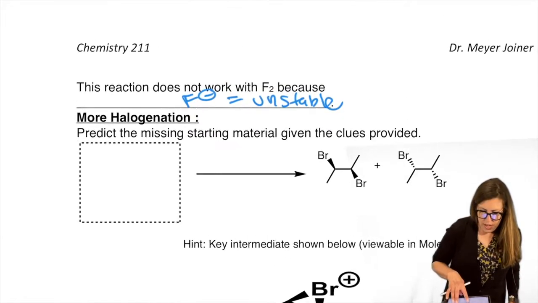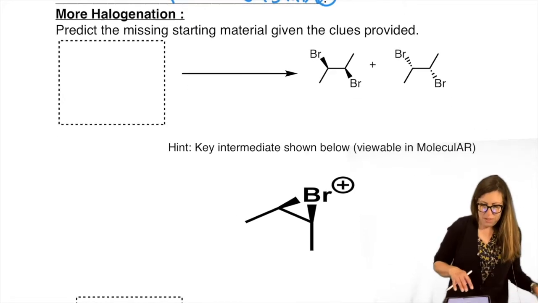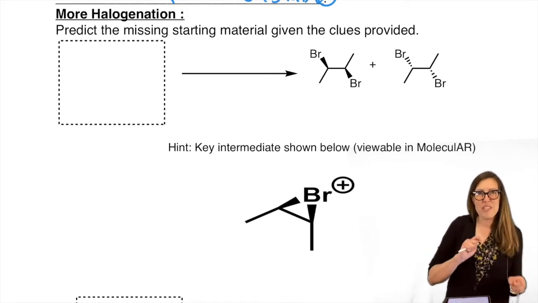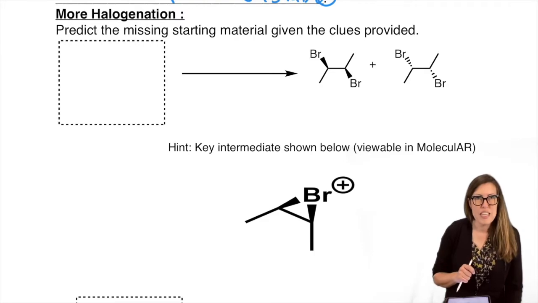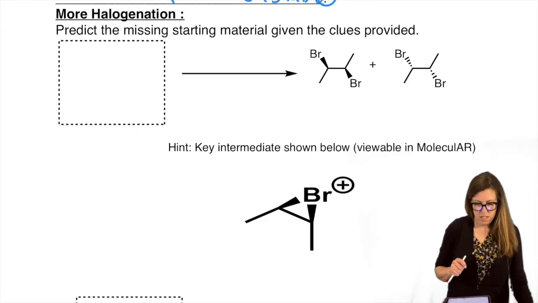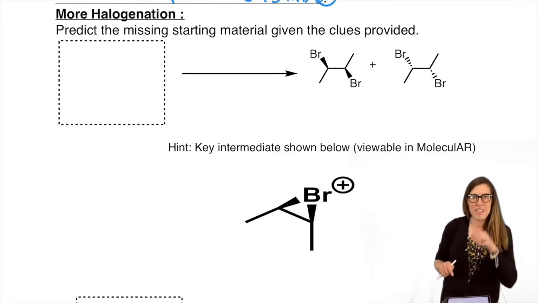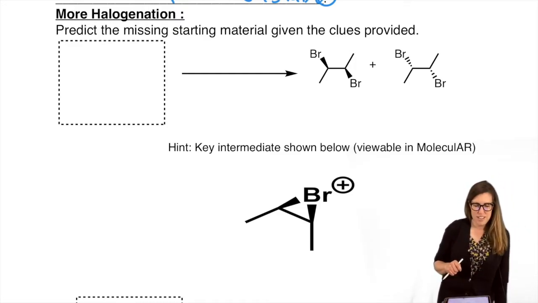Okay, so another way some of these questions can present themselves is to do the opposite. Say, here's the product. What did the alkene look like? Okay, there's a little hint there with your intermediate, so you might want to pause, give these a try, and check your answers.